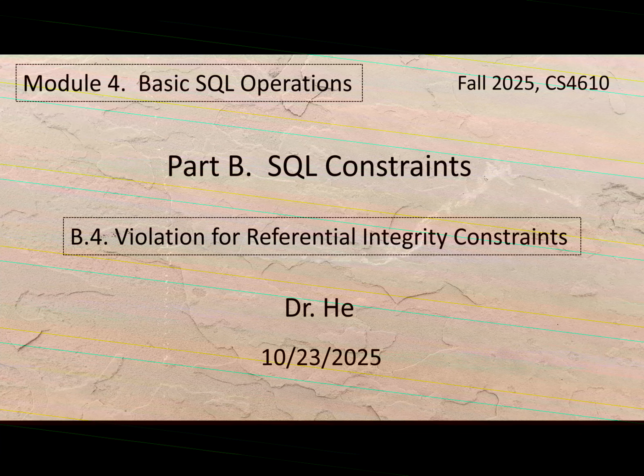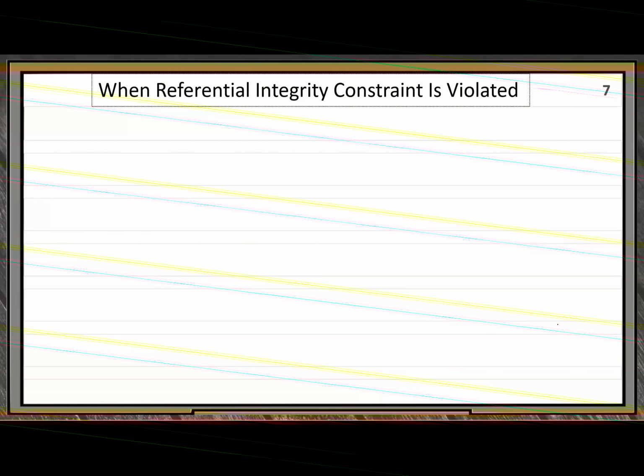In that situation, you need to tell the DBMS how to solve the problem. Here are some simple ways, if a referential integrity constraint is violated.